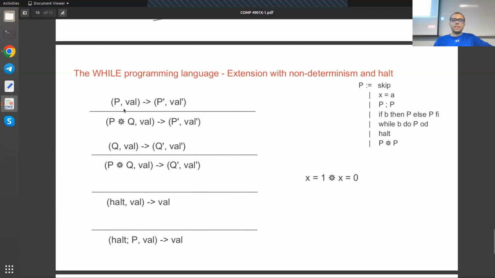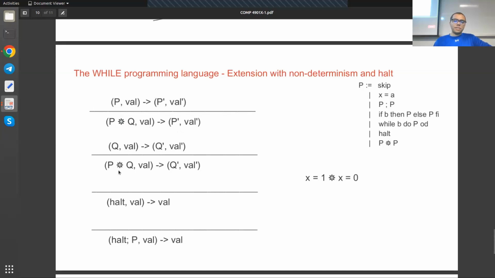So let's first imagine that the first part is executed. So if there is a way of running one step of P and getting to state P prime val prime, then I can also run one step of P star Q and get to the same state. Okay, so this corresponds to the user having chosen P.